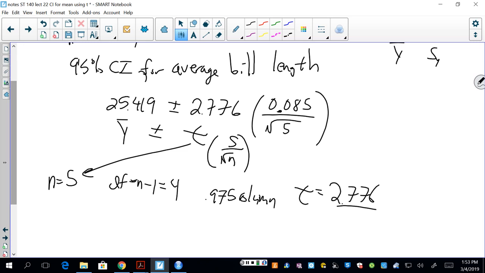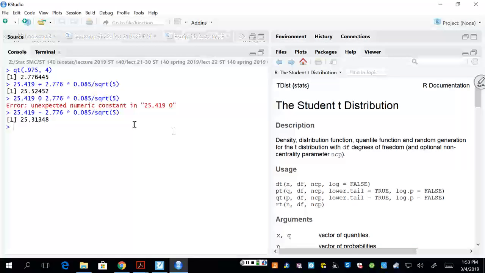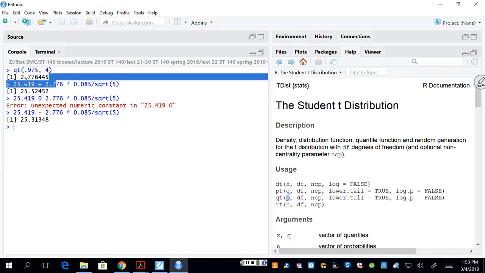So numerically, you can use R kind of as a calculator. There's a command in R called qt. It does the quantiles of a t distribution. So you can put in whatever percentile you want. So 0.975, and here are the degrees of freedom, and it gave 2.776445.